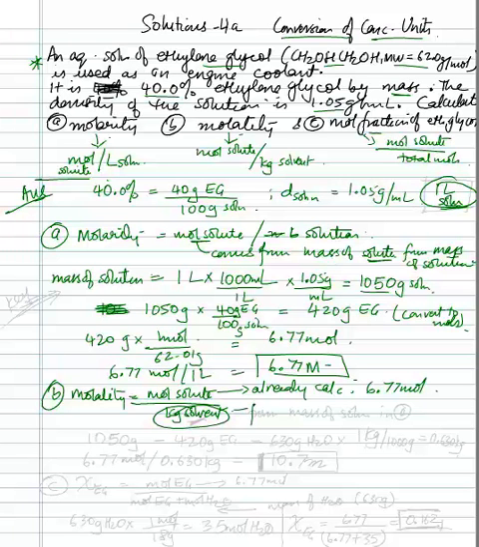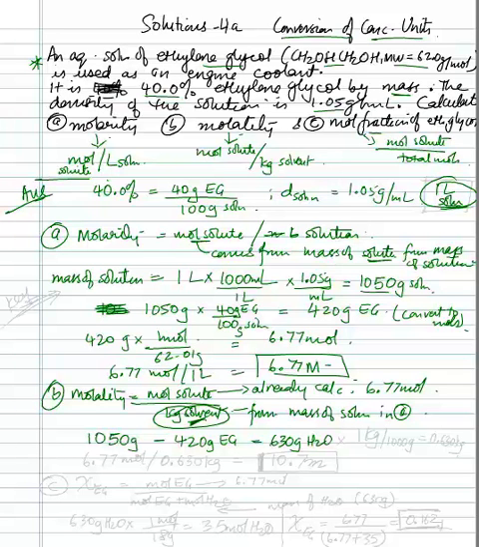So this is going to come from the mass of solution that we calculated in part A. So solution was 1050 grams. The mass of the solute was 420 grams of ethylene glycol, which means that we are left with 630 grams of water. Because that's the important part.